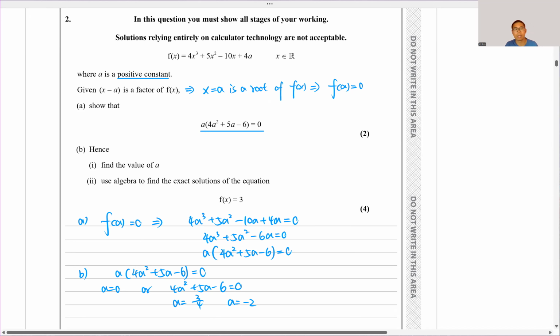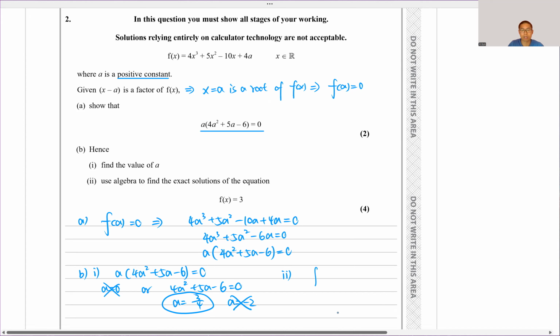And then since at the beginning they said a is a positive constant, 0 is not a positive number, negative 2 is not a positive number, so 3/4 will be the final answer. And then use algebra to find the exact solution of the equation f(x) equal to 0. So now we know the value of a, which is 3/4, then we can use that.